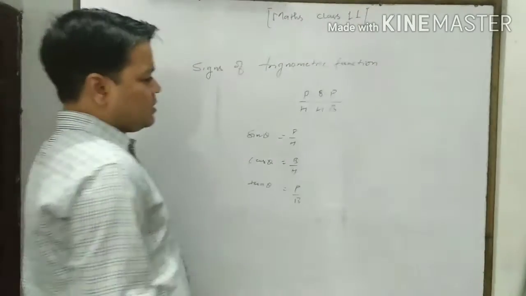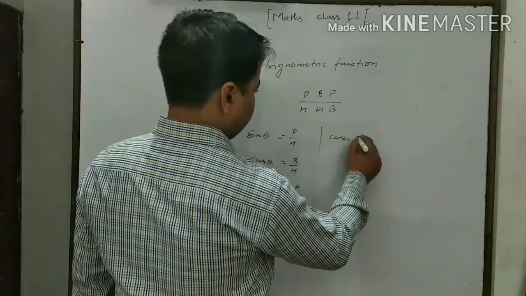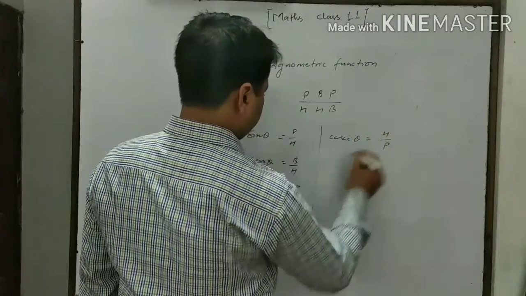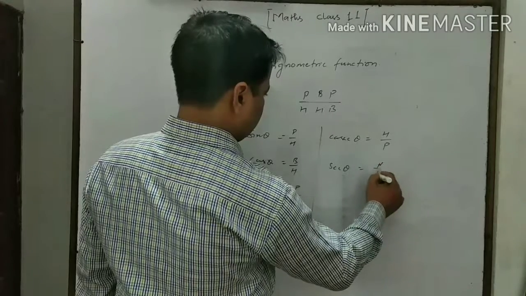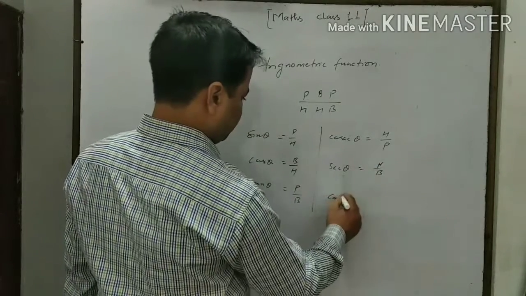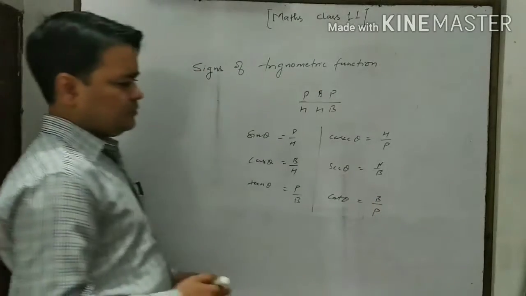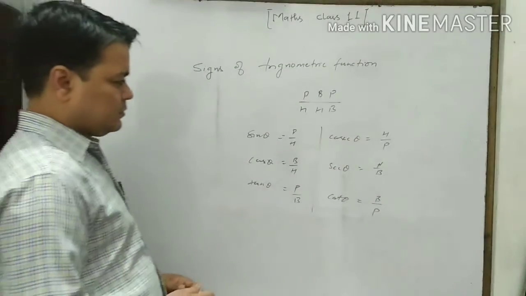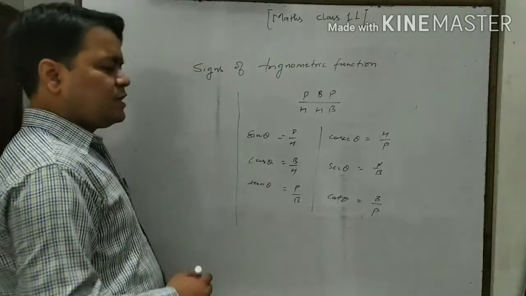Again here cosec theta is equal to hypotenuse by perpendicular, sec theta is equal to hypotenuse by base, and cot theta is equal to base upon perpendicular. After that we have a reciprocal relation.